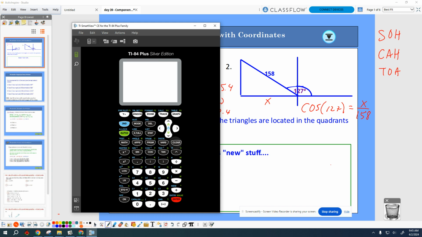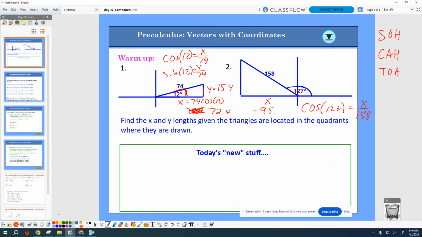It should be negative, but let's make sure. 158 times cosine 127, and I get negative 95. Could we also use the smaller angle? Yes, but then you would get a positive number. If you use the smaller angle of 53 degrees, you're going to get a positive x value, so I don't recommend that.